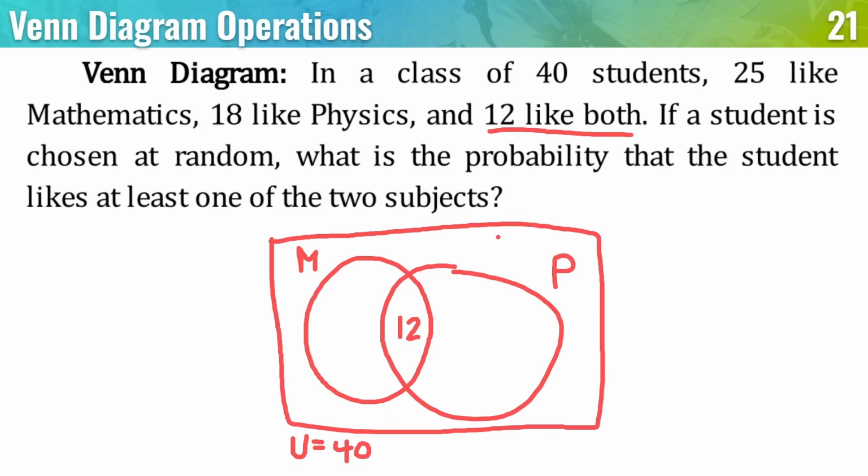If a student is chosen at random, what is the probability that the student likes at least one of the two subjects? So it means that the student can like math or physics. So in logic, when we have this, math or physics, in math, we can have it represented by M union P, or M∪P.